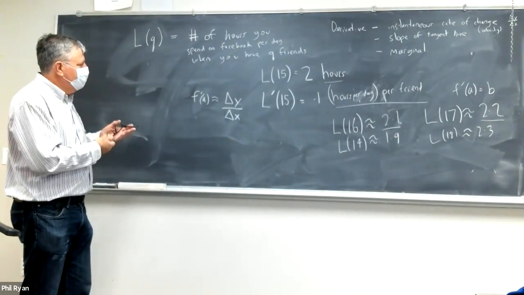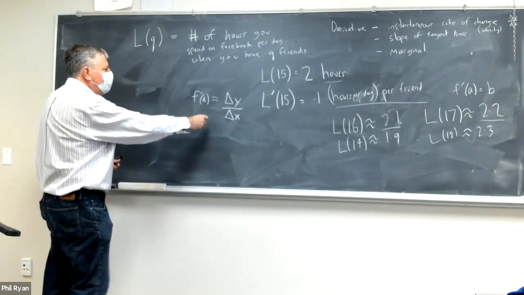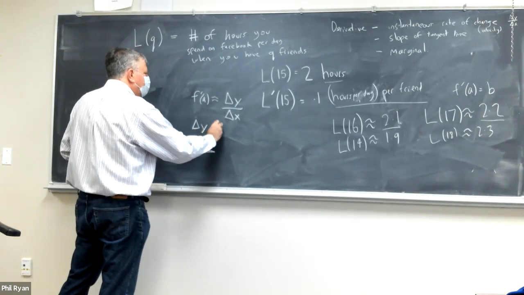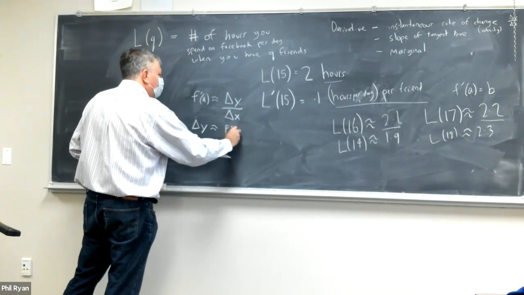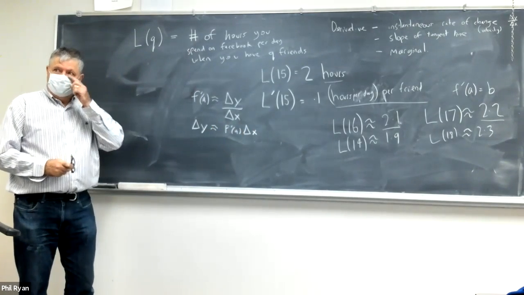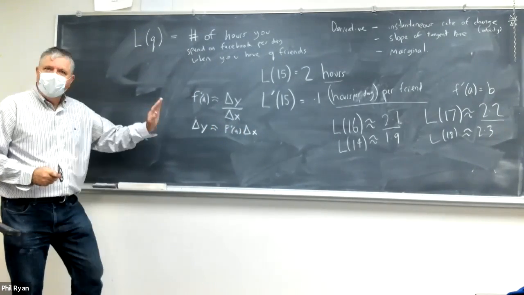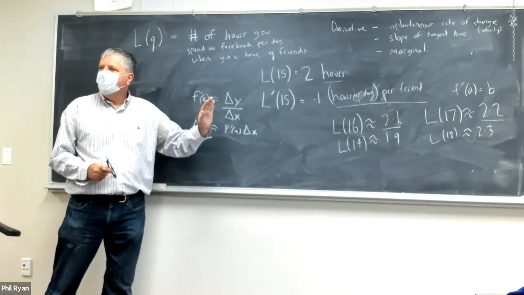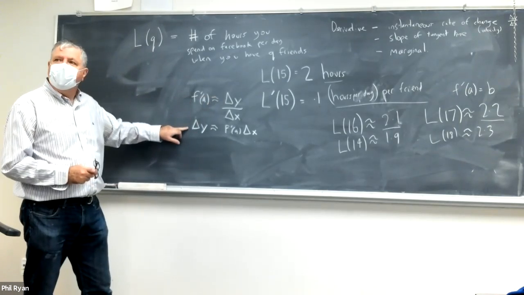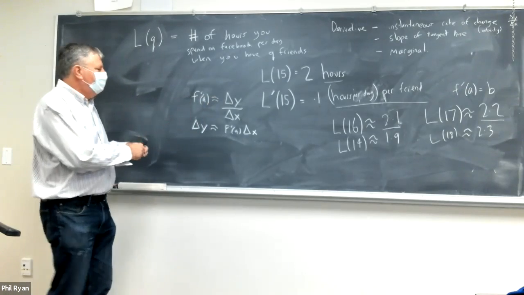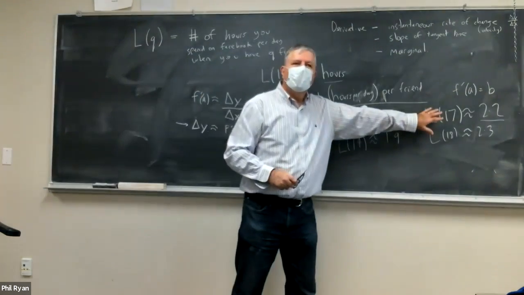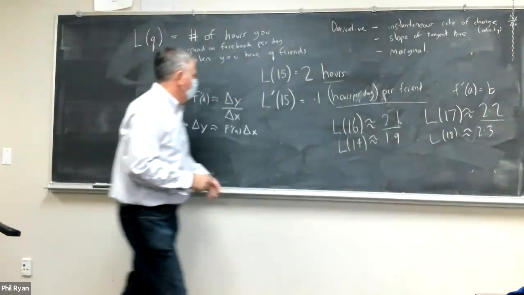calculation for us. So that means then that delta y is approximately f prime of a times delta x. So this is the equation in a different way. Okay? Just by crossing off. So you can see it's the same thing here. But you see that this is exactly what I did over here.